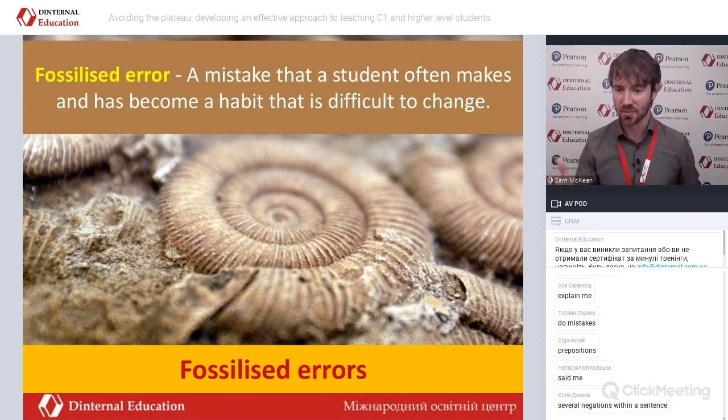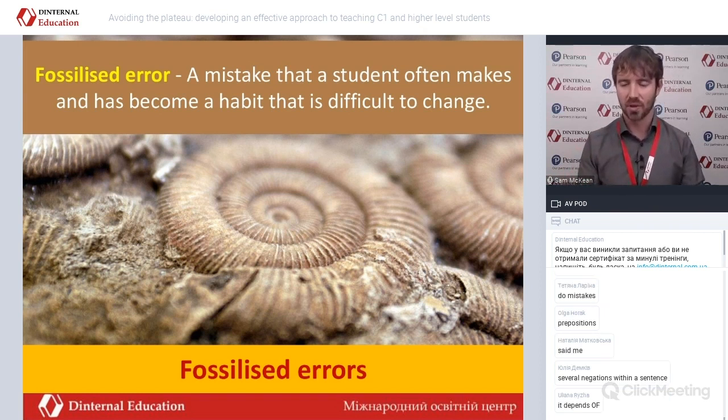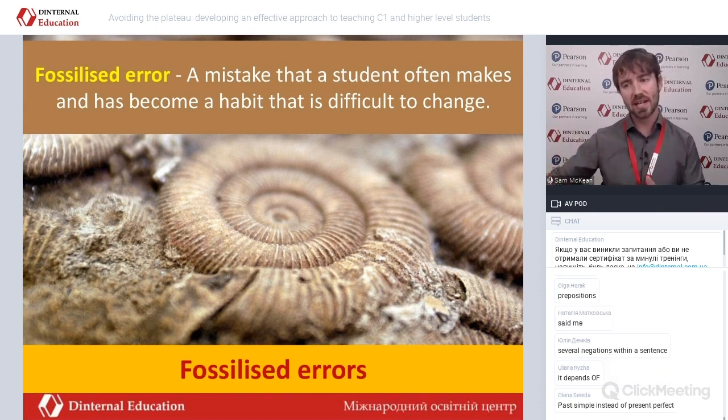So we know, okay, this is particularly a problem for higher level learners because by this late stage in their development, many of the errors have become completely fossilized. So it's very difficult for them to notice that they're making them. Okay.